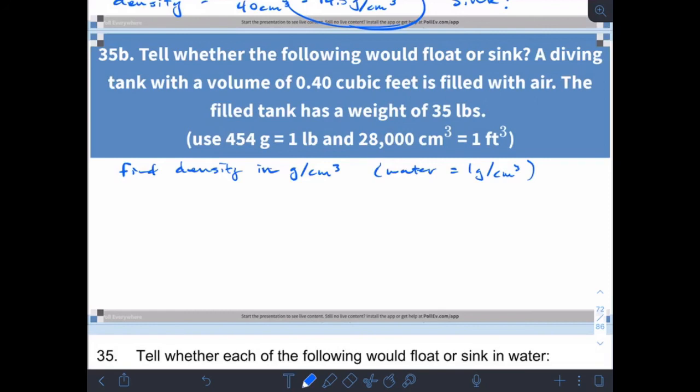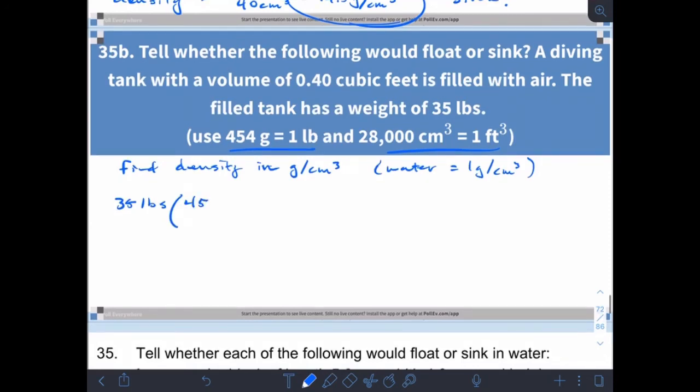We have these conversions that are given to us in the problem. So 454 grams in 1 pound. We have a mass of 35 pounds, and it's 454 grams per pound, so our mass comes out to be 1.589 times 10 to the 4 grams.